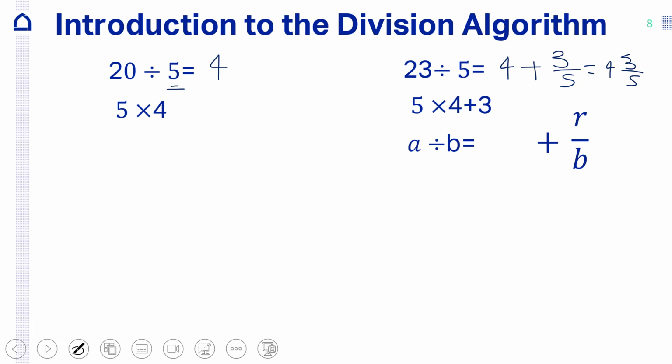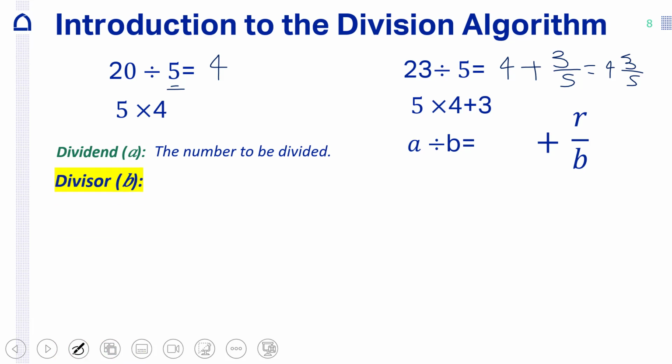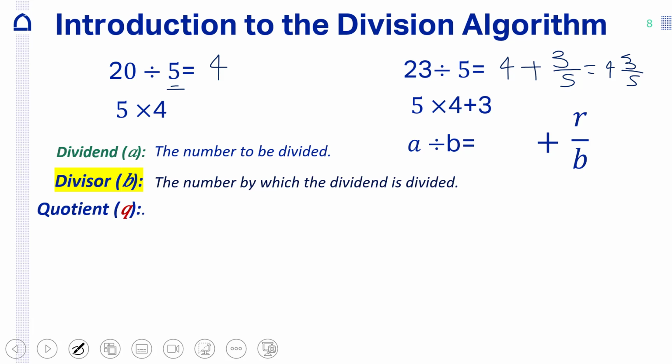In general, if you're dividing A by B, A you call the dividend, the number being divided. The divisor is B. Once you have the division operation, you have a quotient, which is the integer result of the division. If B is a factor of A, when you divide it, you have no remainder.